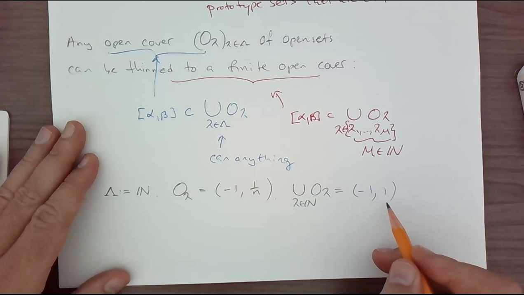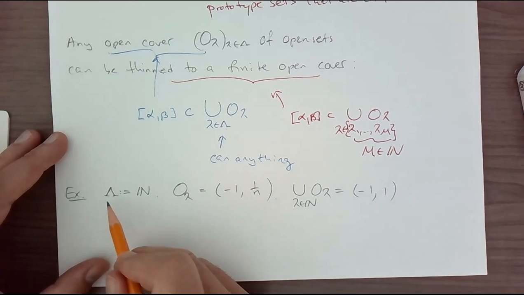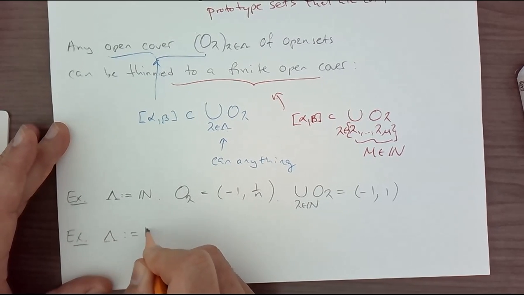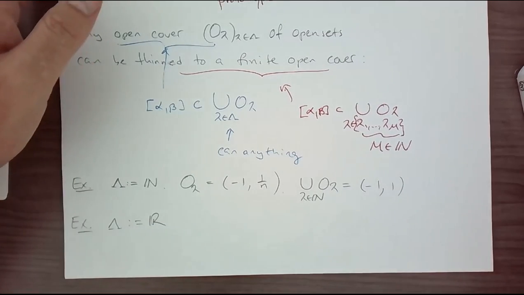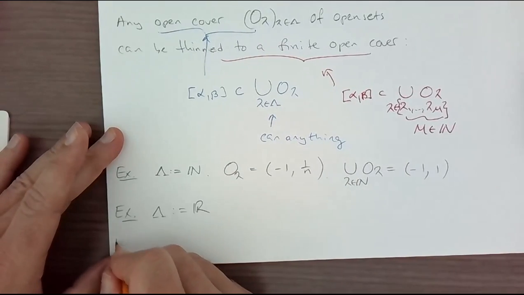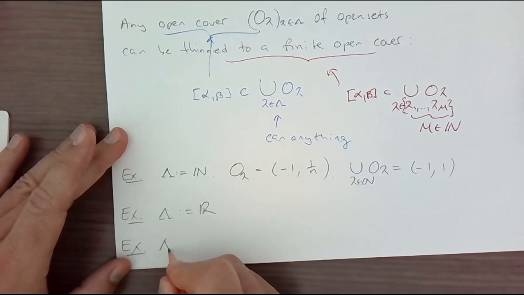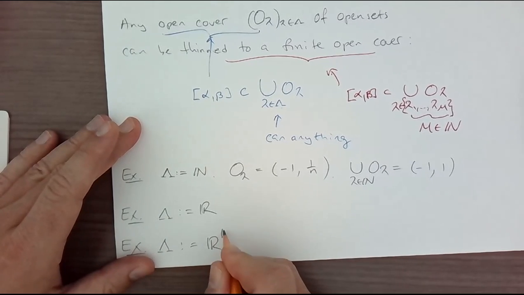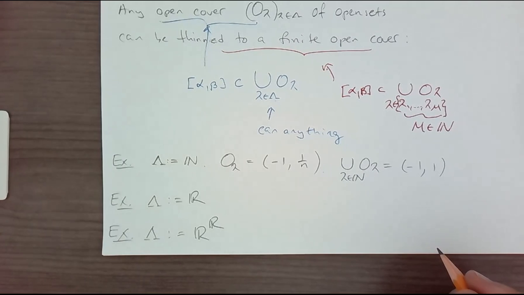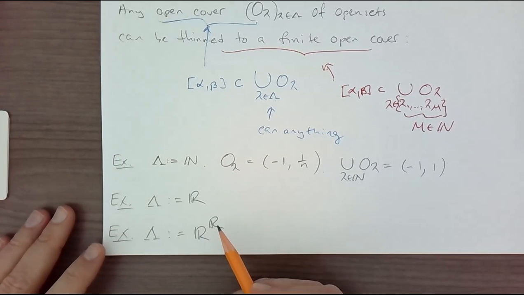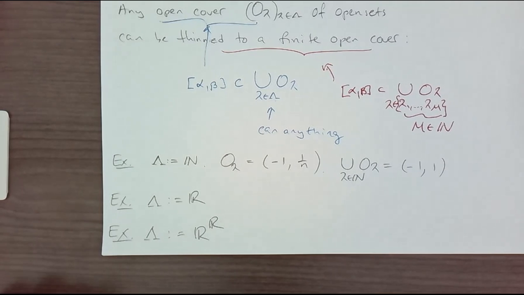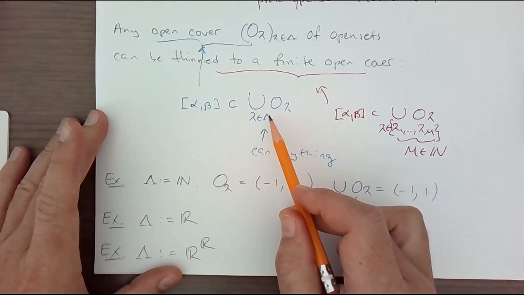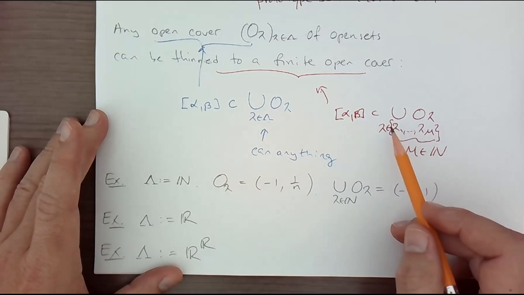Right, so you will cover lots of things. But you could have a much more complicated structure. You could also have that lambda could be R. Lambda here could be something crazy, right? It could be R to the R, like the space of functions that go from R to R. There's no limit to how complicated this object here is. Whereas over here, you just have finitely many.